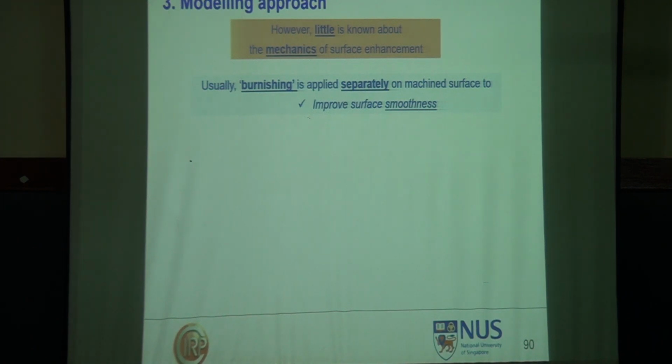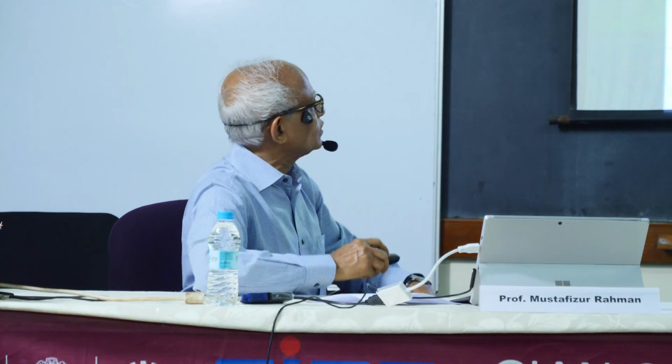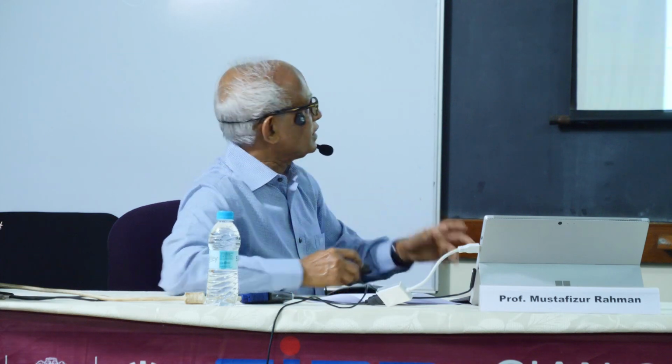However, little was known about it, so he wanted to find out whether he could get a new target. Usually burnishing is applied separately on the machined surface to improve the smoothness. But if you do burnishing separately by polishing and so on, the form error comes in.